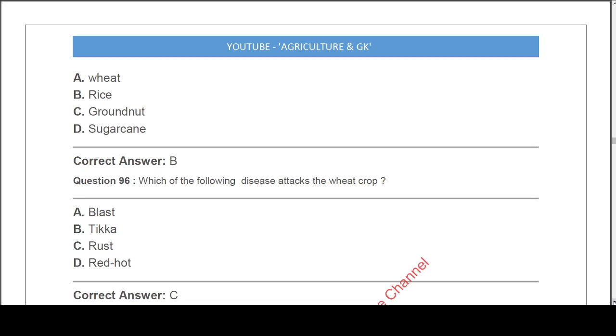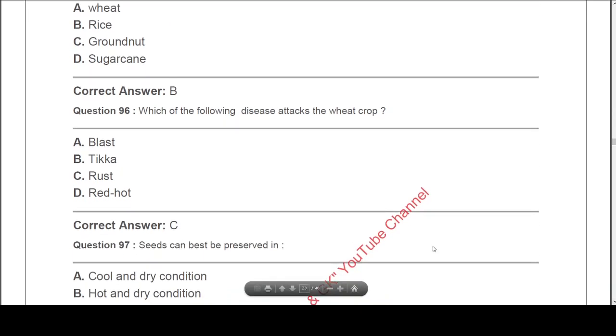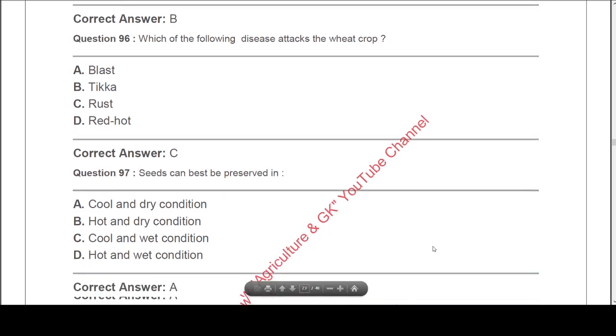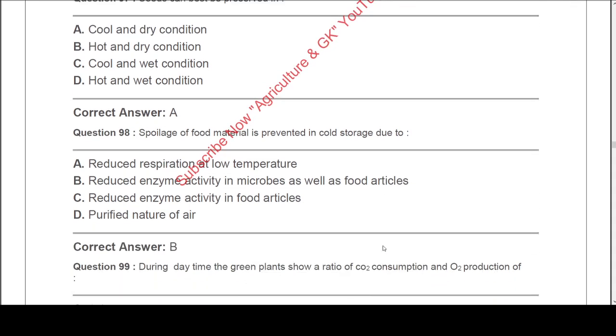Rust. You may be knowing the most common disease of wheat is wheat rust. Seed can best be preserved in cool and dry condition. I think this question has been repeated. Spoilage of food material is prevented in cold storage due to option B, reduced enzyme activity in microbes as well as food articles.